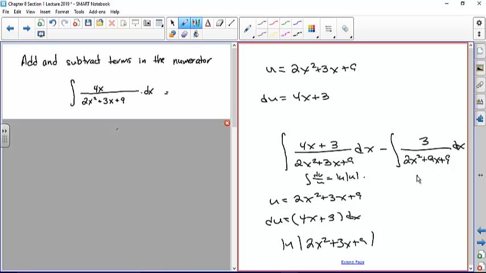Now here, what I would have to do is it would be an arctangent result. It's not in a form that looks easy right now to deal with, and I don't know why I chose this. This denominator is more complicated than it probably should be.